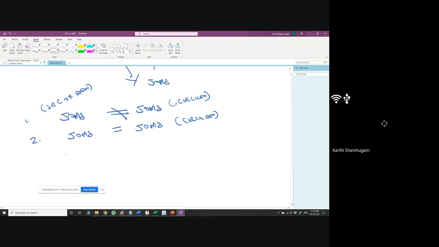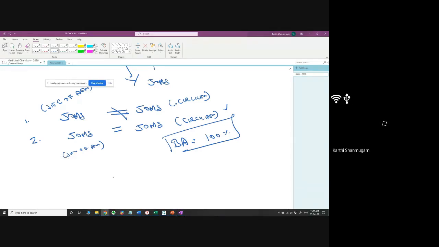If you find this scenario, then we can say that the bioavailability of that drug molecule is 100 percent. But very unfortunately, we cannot find any drug molecule with a bioavailability of 100 percent, not even a single one.